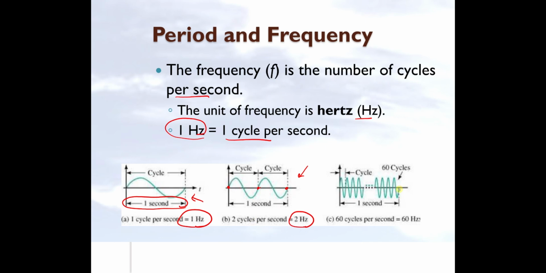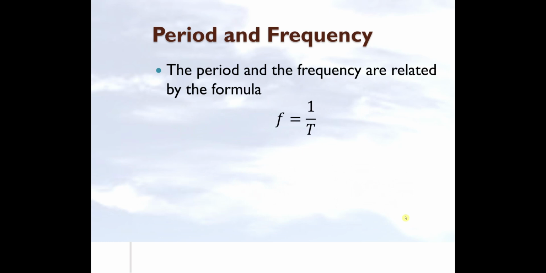In this last example, we have 60 repetitions or 60 cycles in 1 second, so we say that the frequency is equal to 60 hertz. By definition, the frequency is the inverse of the period, so f in hertz is 1 over the period in seconds. How many cycles per second?